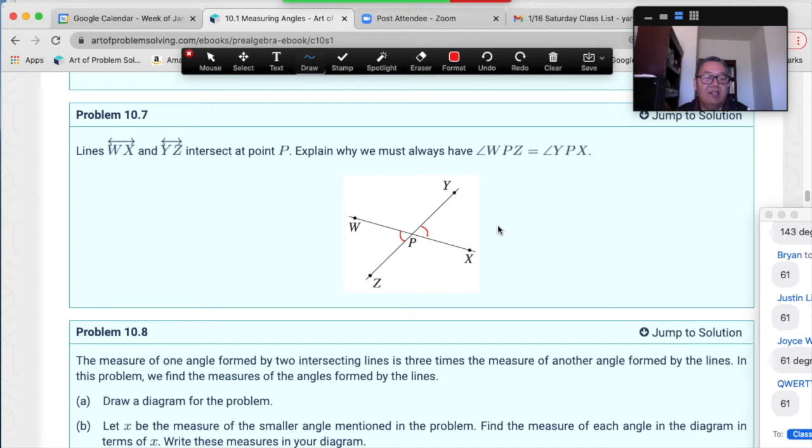We know that they're equal, right? But how can you prove or explain why they are always equal? Let me ask Eric. Can you explain why these two angles are always equal?